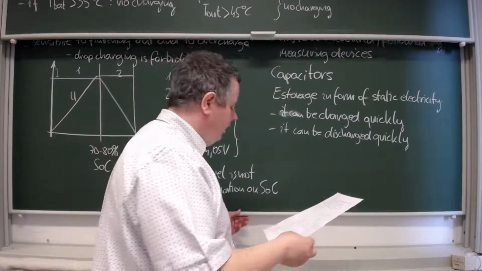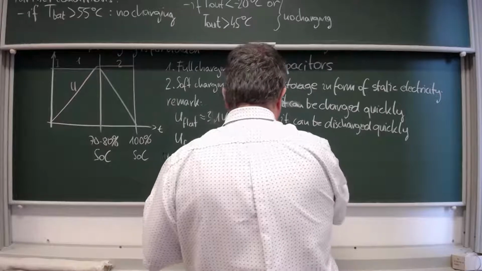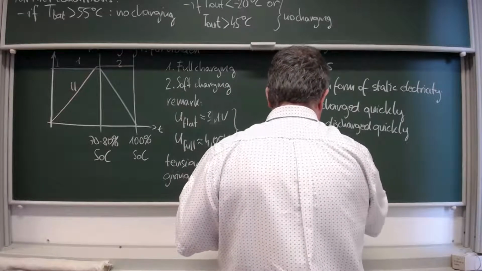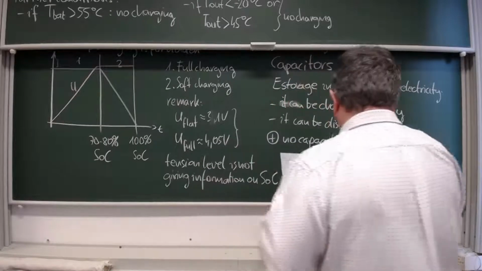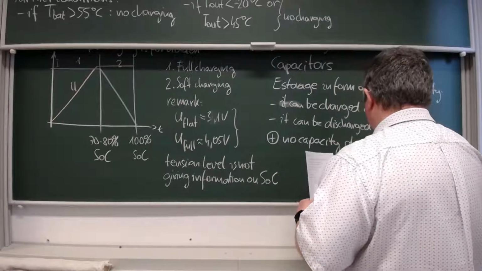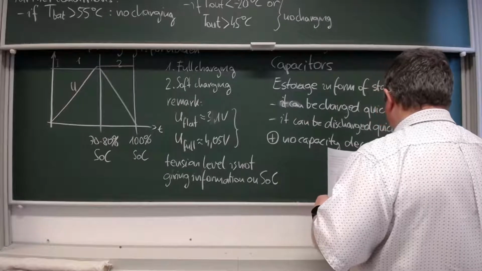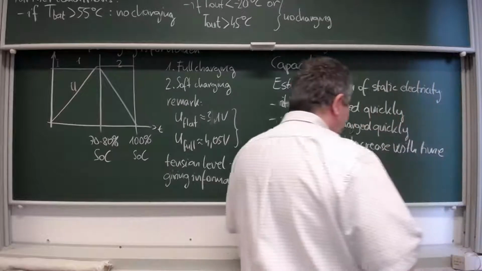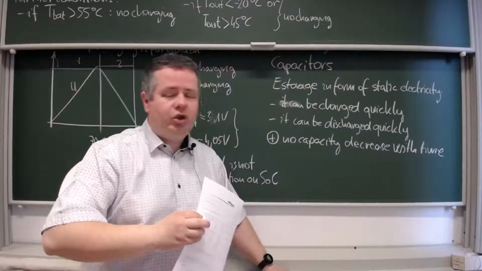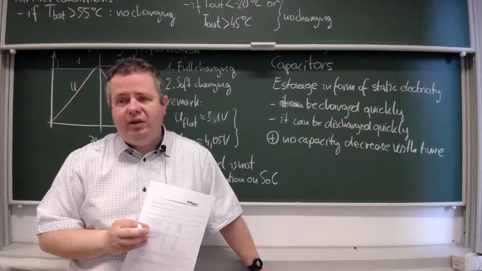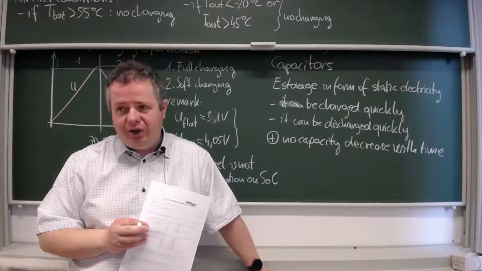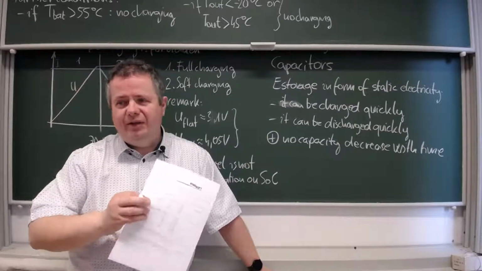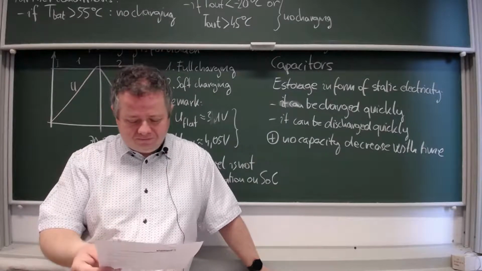So you can be happy because you get no capacity decrease with time. I mean here that if you charge and discharge, the capacity is not depending on the number of charges discharges. Why for a battery it does, for lithium-ion it does.